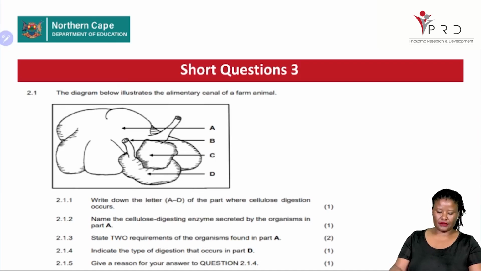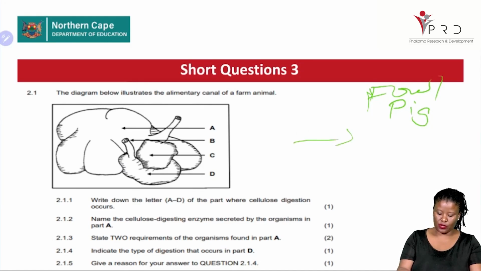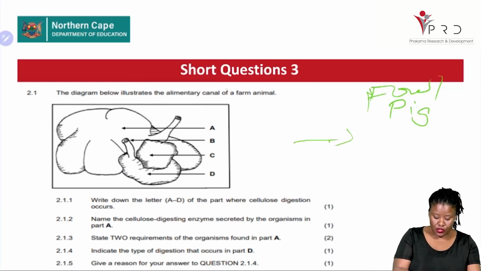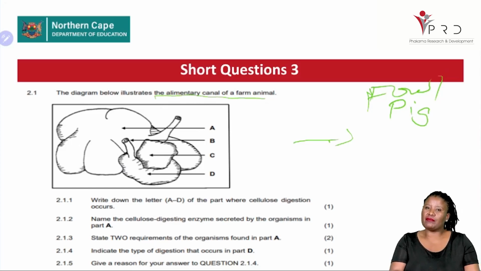The third one. The first one we looked at was the fowl as per our exam guideline. We also looked at the pig, and now we are going to look at this one, which you need to state what it is. So it also illustrates the alimentary canal of a farm animal. So you need to know these farm animals. You must know their external structure, their internal structures.